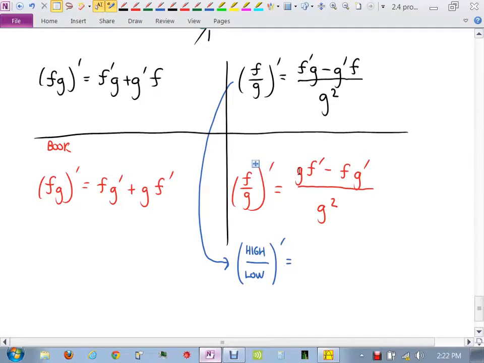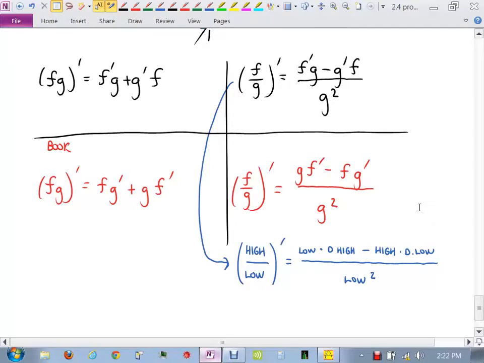It's the low function, right? Isn't g the low function? Low times the derivative of the high, right? Minus the high function times the derivative of the low function, all over the low squared, right?